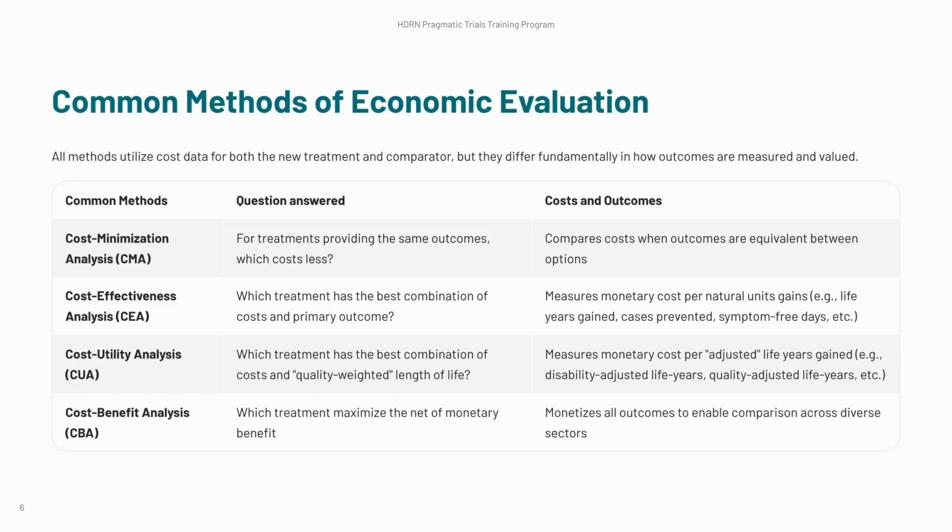Cost utility goes a step further by using QALYs or similar measures to capture both quality and length of life in a single metric. And cost benefit expresses everything in monetary terms, which makes comparisons across sectors possible. The choice among these methods depends entirely on the research question and how outcomes need to be valued to understand whether an intervention offers good value for money.